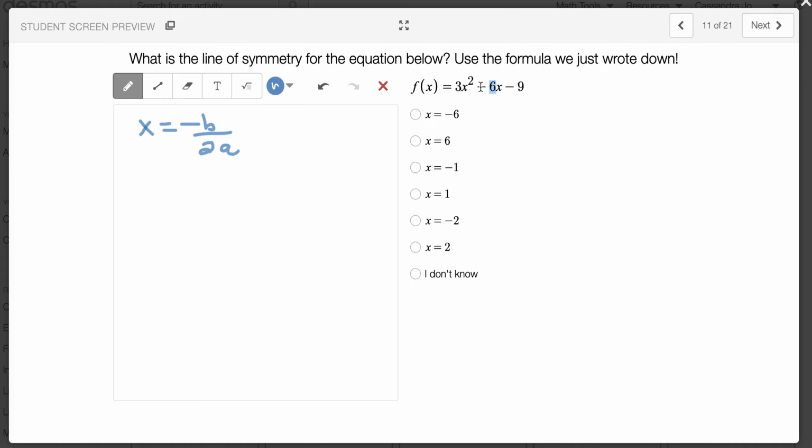My b value is this minus 6. Don't get caught up in the double negative here. There is a negative there already, and then inside parentheses we need a negative with our 6. So it's negative 6 over 2, and our a value is 3.